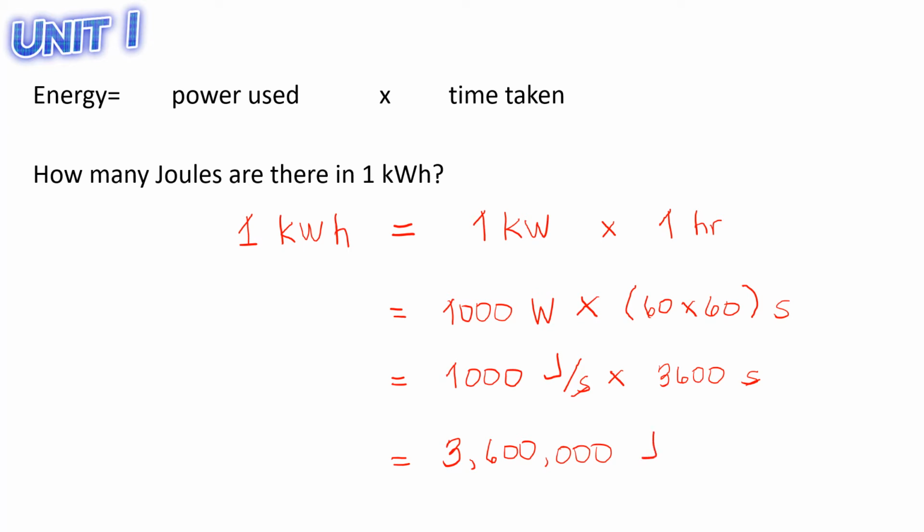Therefore, 1 kilowatt hour is equivalent to 3,600,000 joules, or 3.6 times 10 to the power of 6 joules.